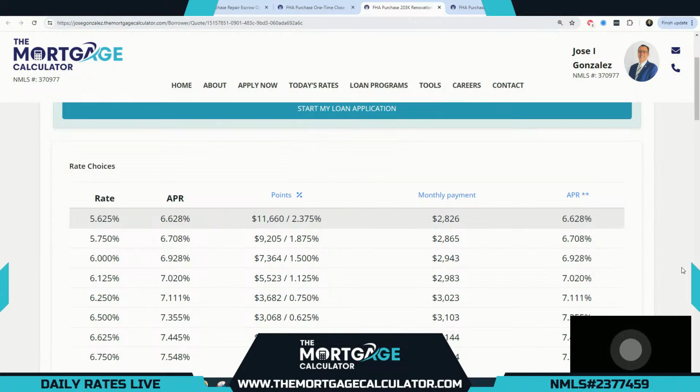The difference between the two is that the standard option is a little bit more restrictive because they require a HUD consultant to review the paperwork, review the scope of the work, go and inspect the property and make sure that there aren't additional livability or property condition items that may have been excluded from the scope of the work. So 6.75 is your lowest cost option at par, and you can buy that down all the way to 5.625. Some great rates there for the 203K.